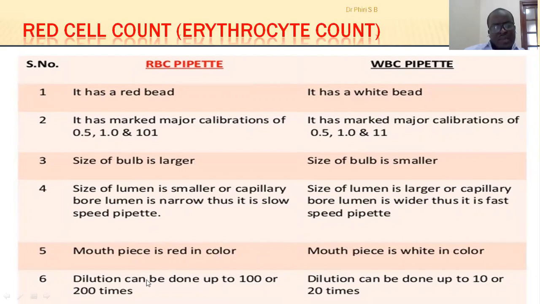The dilution can be done up to 100 to 200 times in red blood cell pipette. But for white blood cell pipette, the dilution can only be done up to 10 or 20 times. That's why the bulb for the red blood cell pipette is larger, so it can accommodate much more diluting fluid as compared to that of white blood cell.